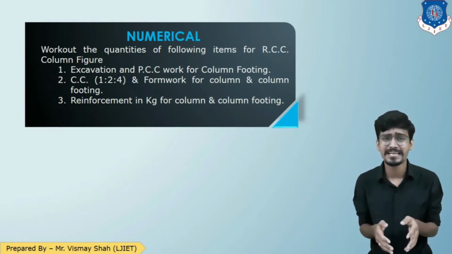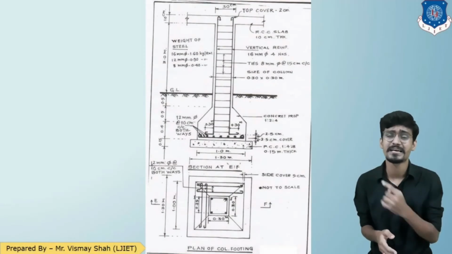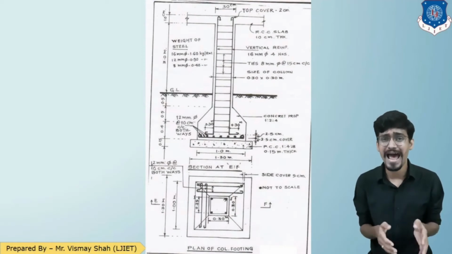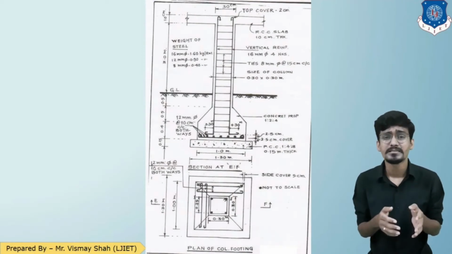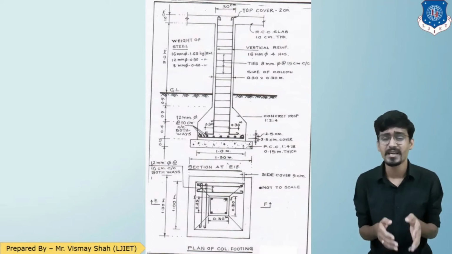Now let us see the plan and the section of the RCC column. As you can see here, this is the plan and the section of an RCC column. First, if you see the section, the bottommost part has the width 1.30 meter.